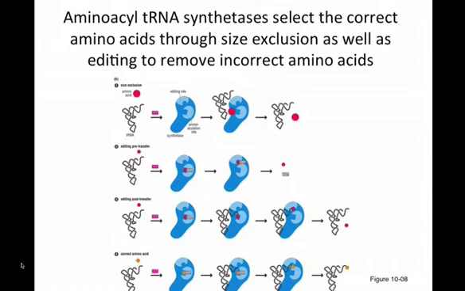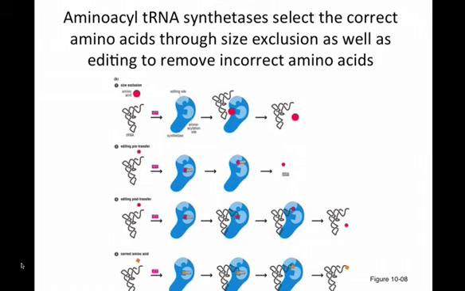Tryptophan is bigger. Phenylalanine is the one that has the ring. So what we're doing is teeny tiny versus huge ring, right? Those are not going to fit into the same space. So the first thing is size exclusion, and the amino acid can't even bind to the enzyme. That's one way to make sure the wrong one isn't added.